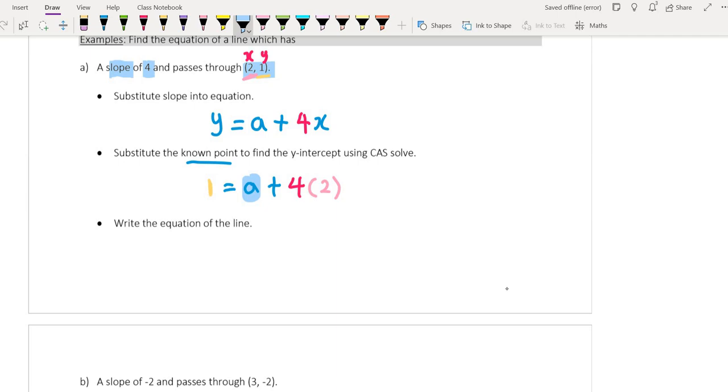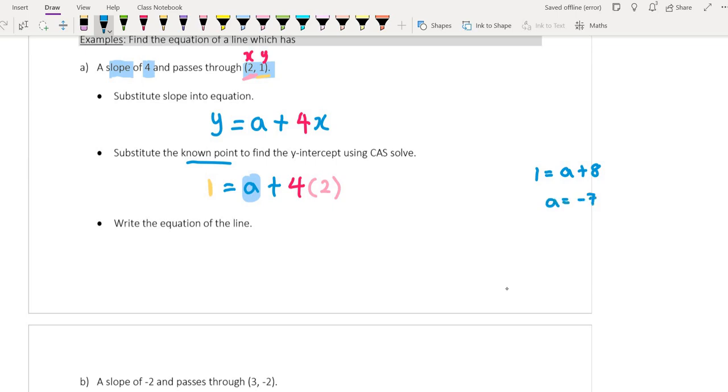We can use CAS to solve it, or we can just use algebra to solve it. It's up to you. If you're doing it by hand, it's 1 equals a plus 8, so a has to equal -7.